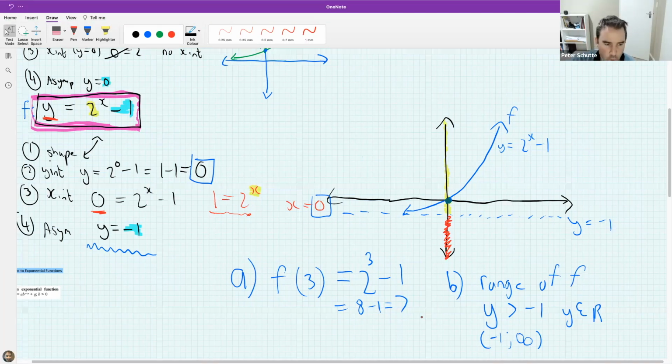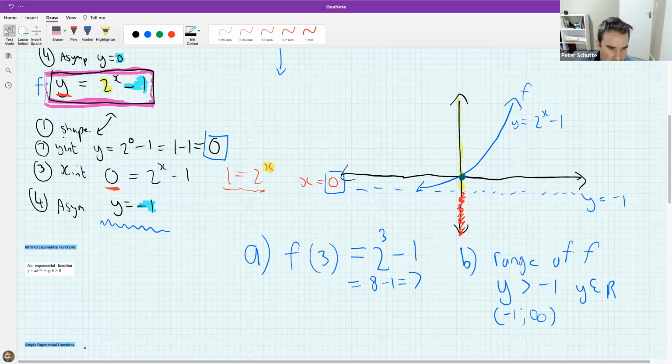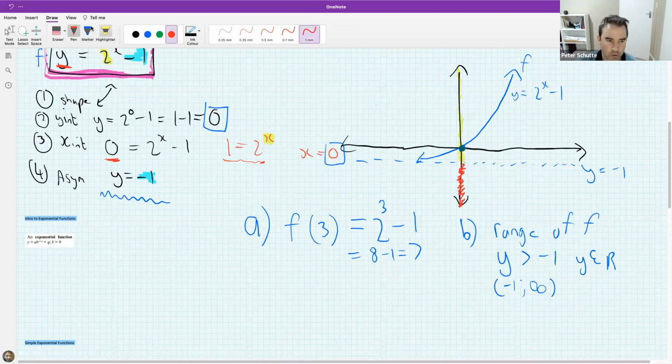Let us draw one more before the break. So I'm going to give you one more increasing exponential, and then after the break, we'll do decreasing. So let me give you this function.